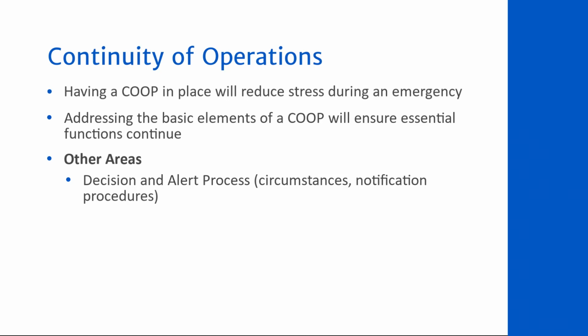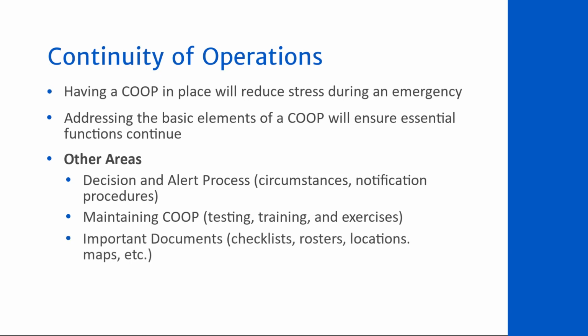You may also want to include a section that describes how you will maintain the Coop through testing, training, and exercises. You can also include important checklists and rosters, alternate location details, or maps and evacuation routes. Your Coop is just that, yours. It should be general enough to respond to all hazards, but specific enough to fit your school's needs.